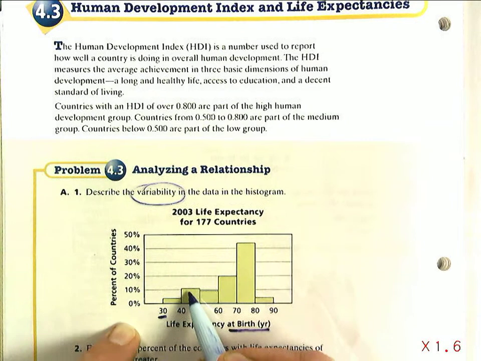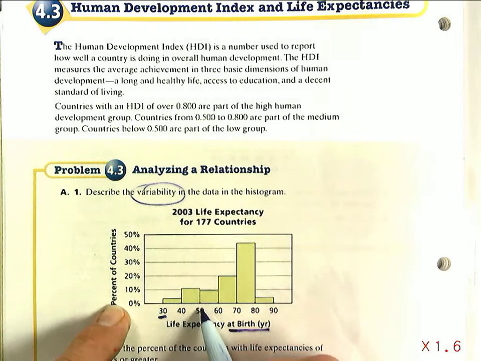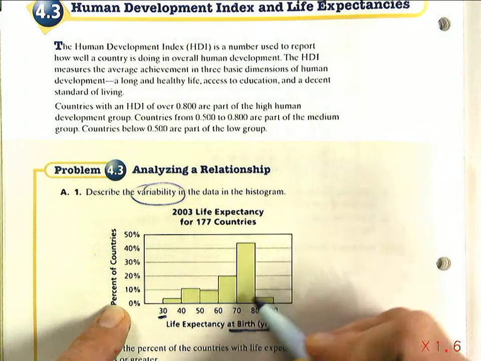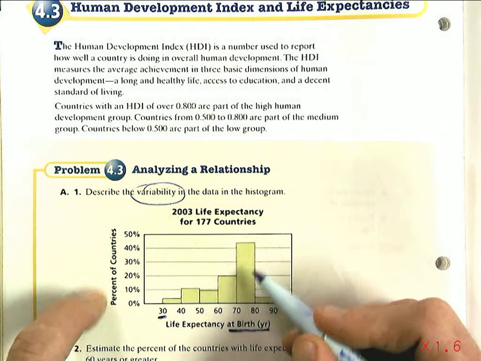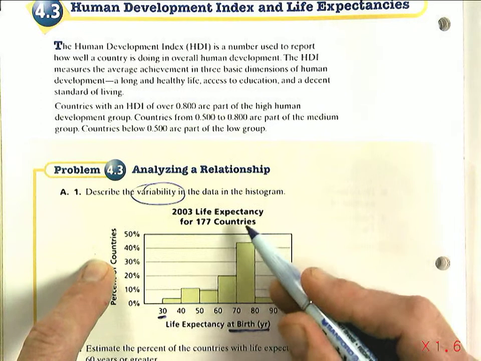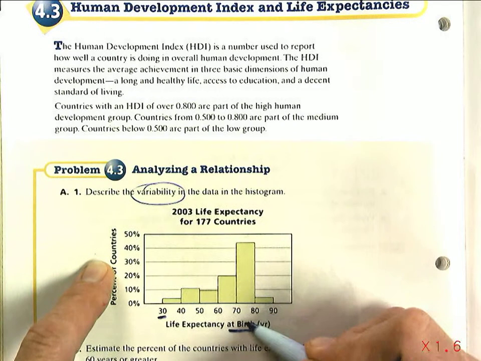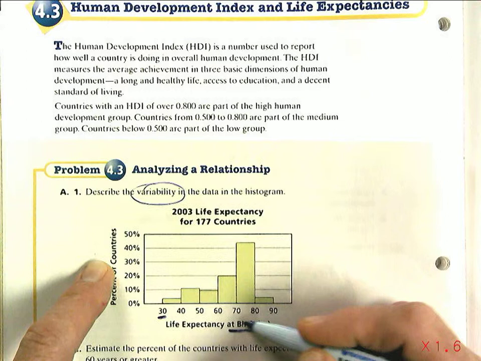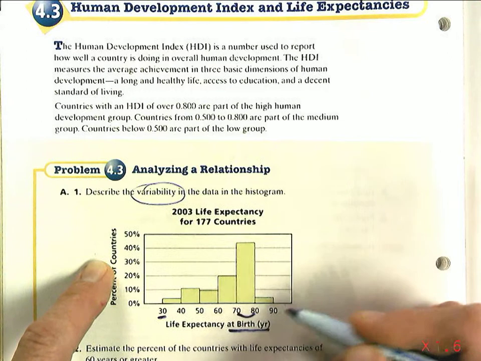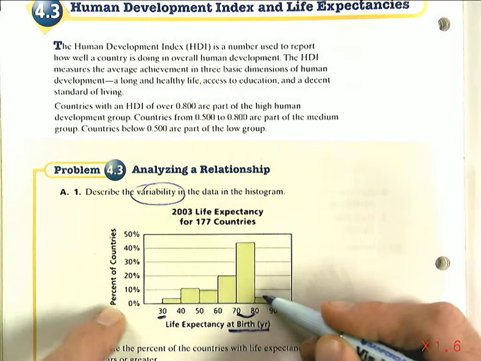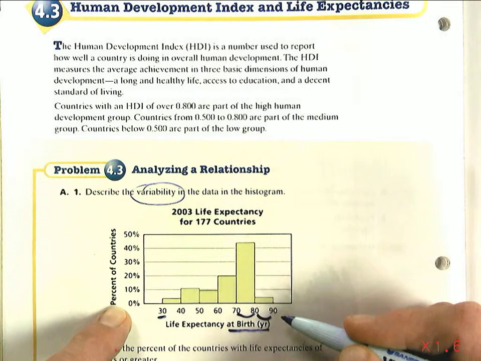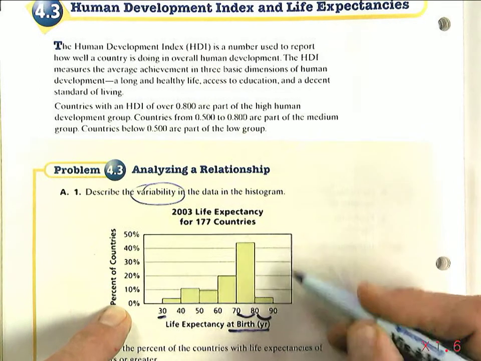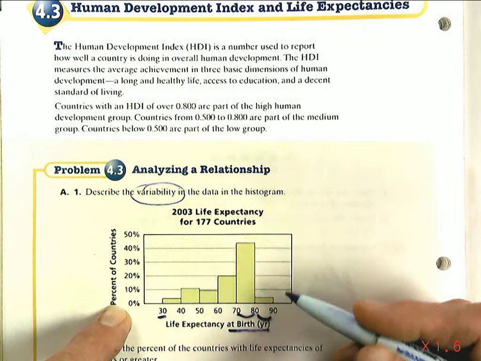About 10% of the countries have a life expectancy of 40 to 50 years, and so on, till you get to where 45% of the countries in this 177 country list have average life expectancy of between 70 and 80 years. And then there's a very small percentage, about 5% of the countries, that have life expectancies between 80 and 90 years. So we're just interpreting the graph to begin with.